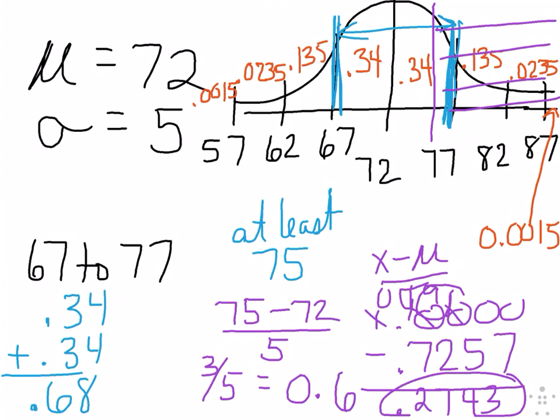So just to show you, if I want to go from 82, putting it in orange, all the way down, if I add all those numbers together, what is 0.0015 plus 0.0235 plus 0.135 plus 0.34 plus 0.34 plus 0.135?